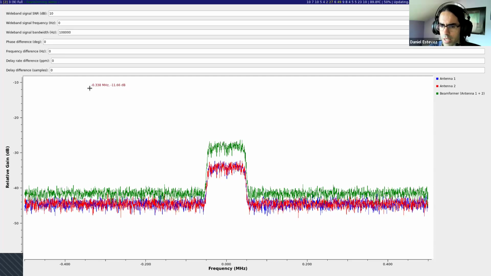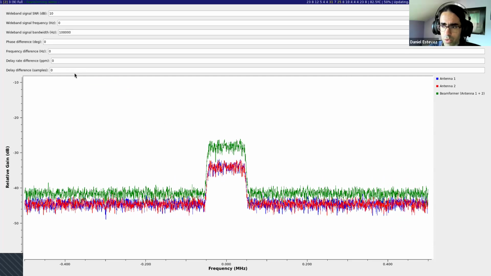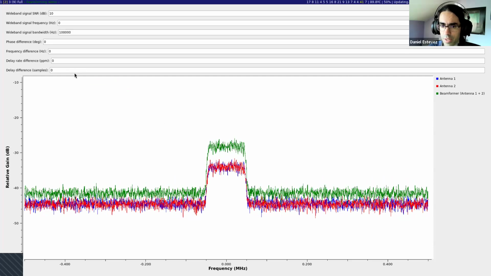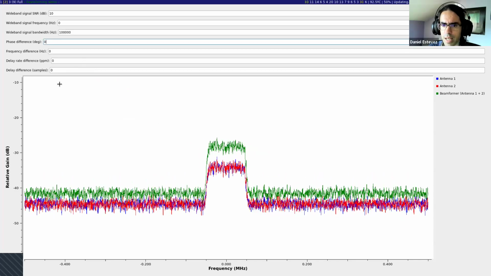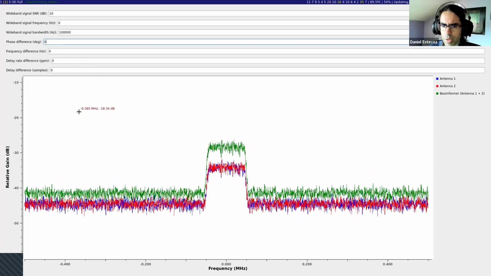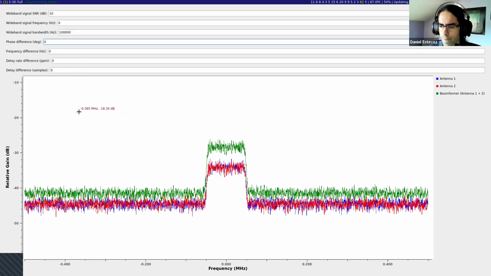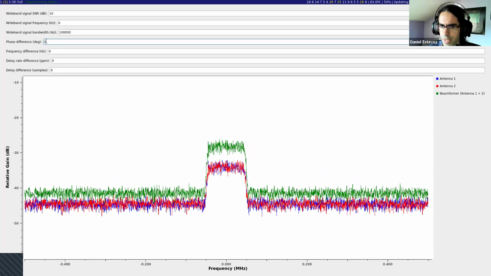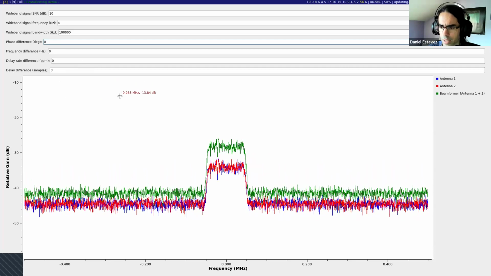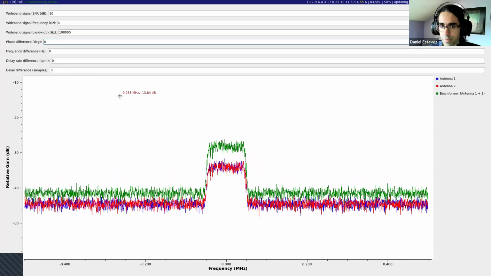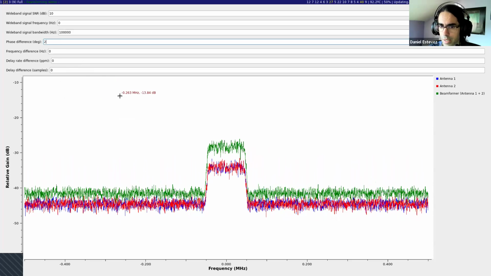How does that affect the beamforming output? The easiest one to reason about is the phase difference. If the phase difference is 0, then both things add together, they combine constructively. And that is great.